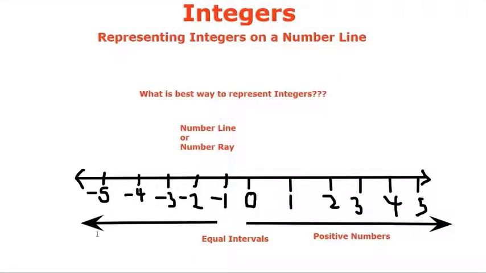Since the negative numbers and the positive numbers go on forever, we mark arrows at the ends of the number line. This arrow tells that there are infinite positive numbers towards the right, and this arrow tells us that there are infinite negative numbers to the left.